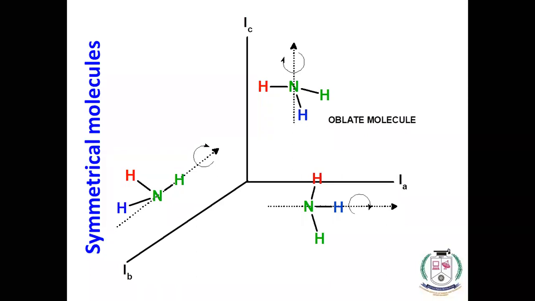This is the classification of molecules based on moment of inertia. We have discussed four types of molecules: linear molecule, symmetrical top molecule, asymmetrical top molecule, and spherical top molecule. In symmetrical top molecules, we again have a subdivision, that is prolate and oblate molecules.